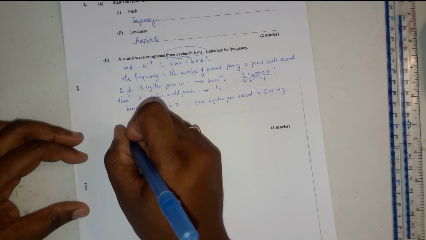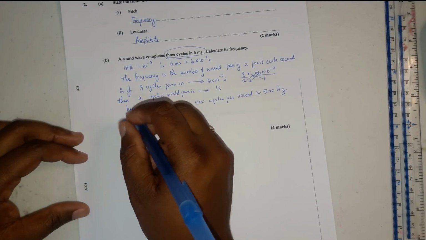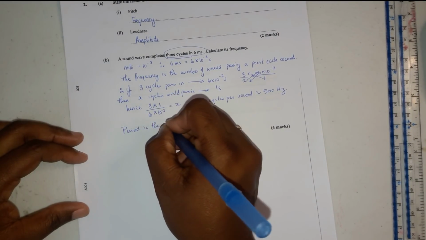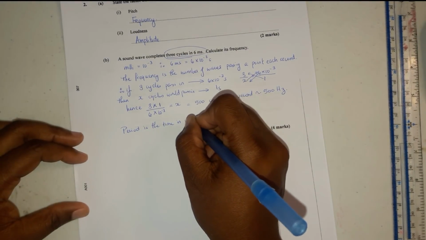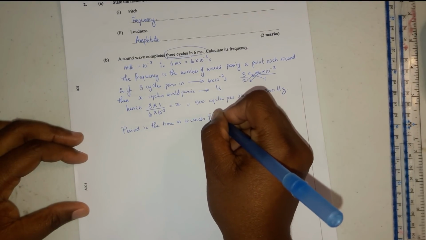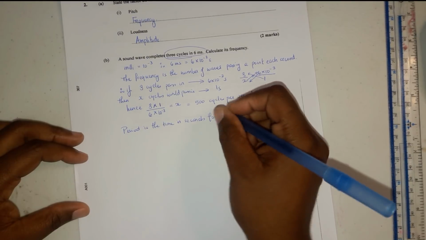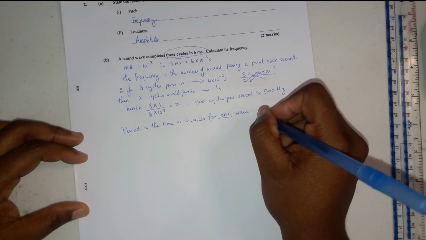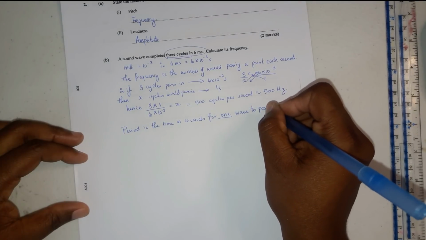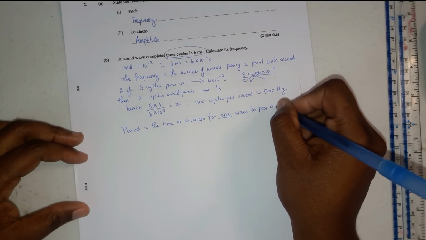Okay? Or you could look at it in the period sense. So the definition of a period is the time in seconds for one wave to pass a point.